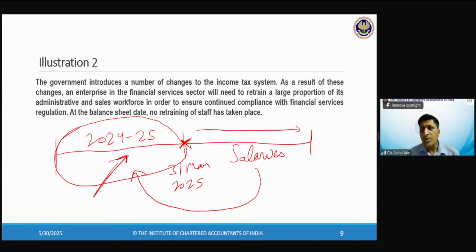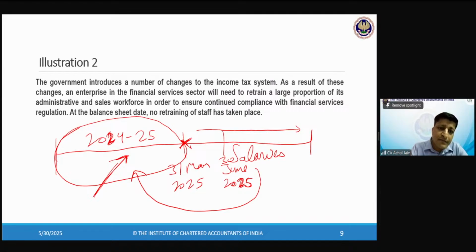How is this relevant? You are saying that for the June quarter, for 30th June 2025, will you be required to report the numbers anywhere? No, sir. I am asking, like, in 24-25 we didn't incur any expenditure, so we didn't recognize it there.